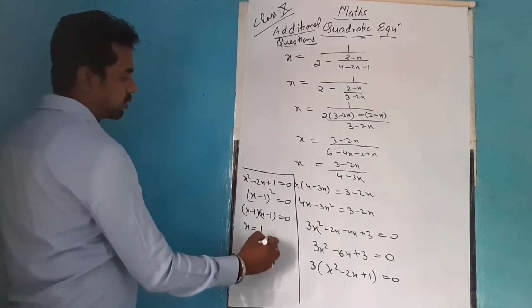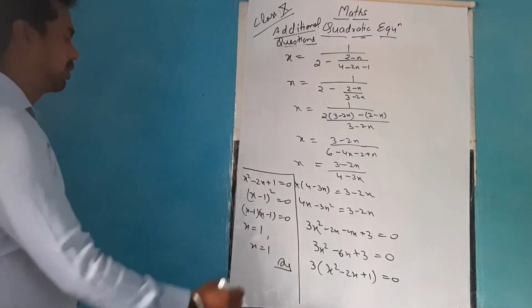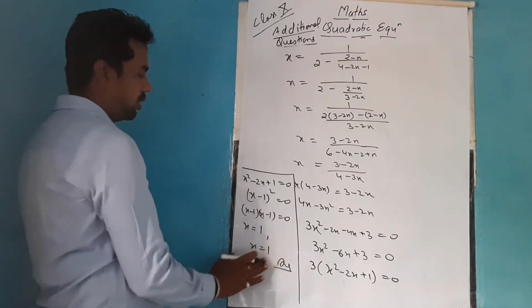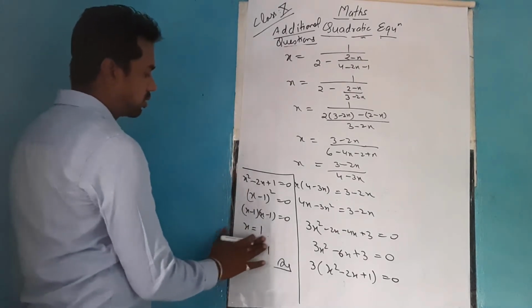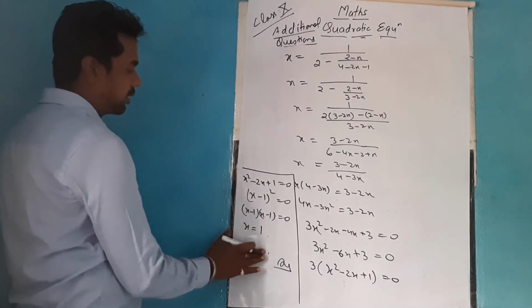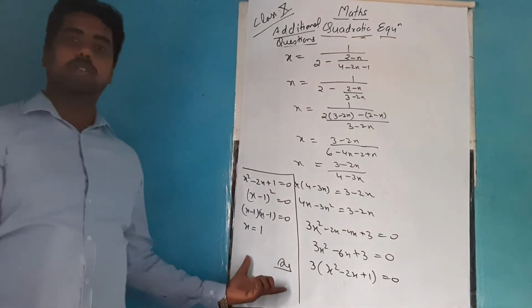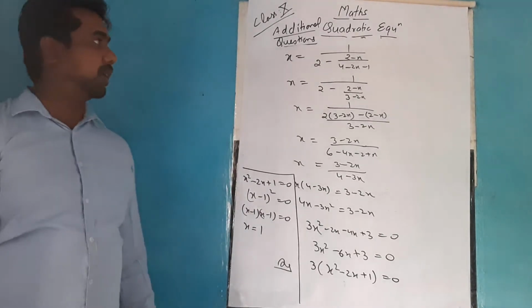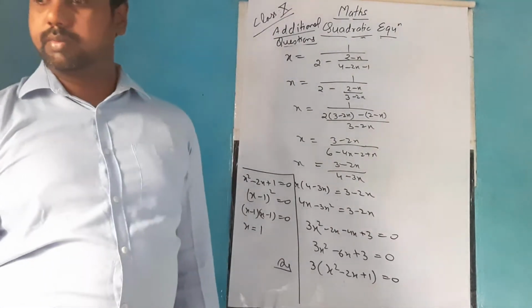So the value of x equals 1 is your answer. As there are equal roots, we may write directly x equals 1. This is your answer for the second part. So this way you are going to solve the second one.